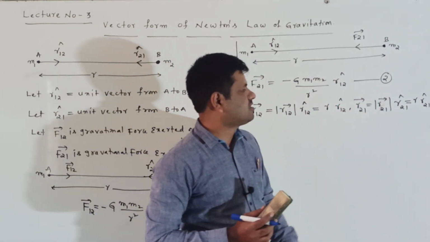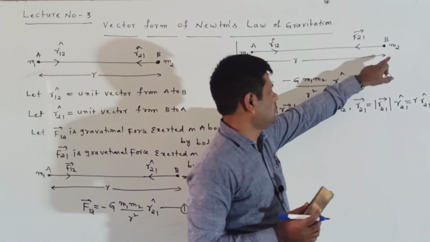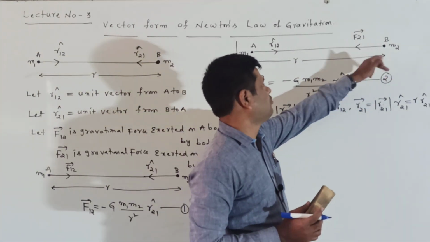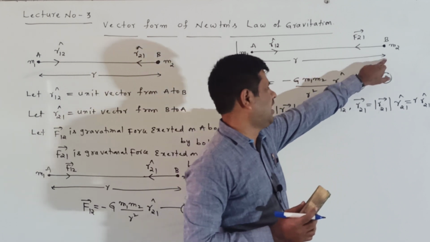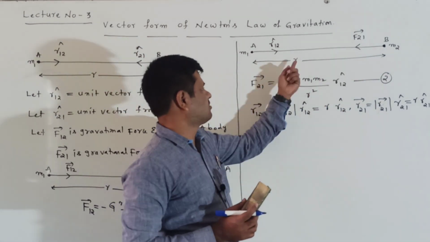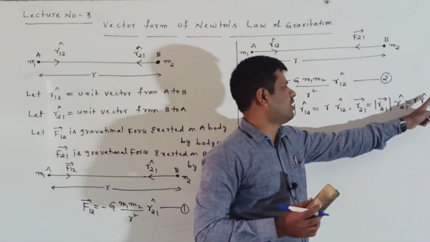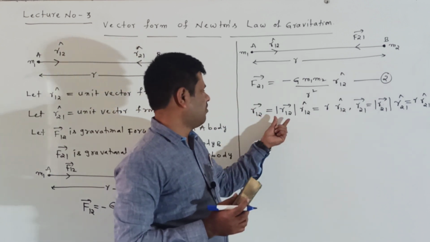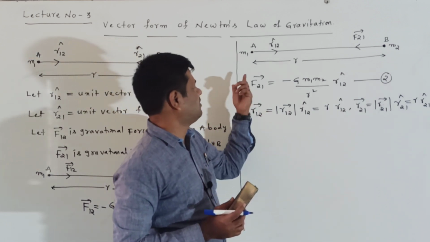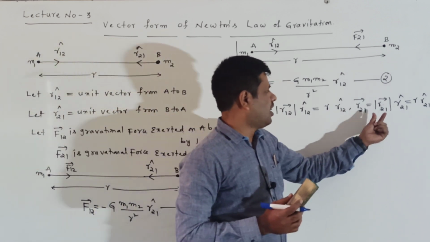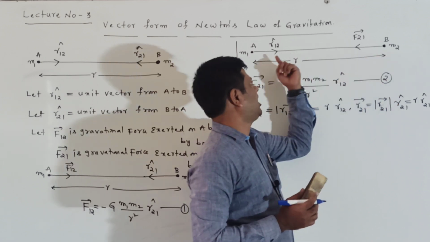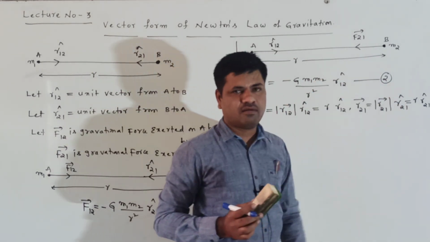Mod R21 bar represents the distance between M2 and M1, which is also R, so R into R21 cap. Mod R12 bar represents the distance between M1 and M2, and mod R21 bar represents the distance between M2 and M1. That is the same, and the value is R.